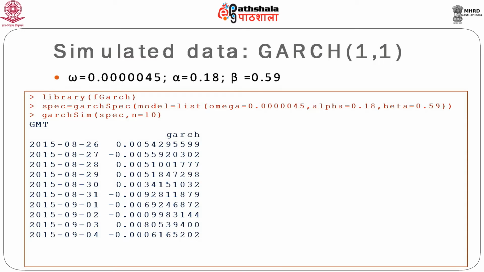So, the main function that you have to use here to simulate the GARCH data is garchSim. The S is capital, so garchSim. There you just pass the garchSpec object and then mention the number of time points that you want to generate.